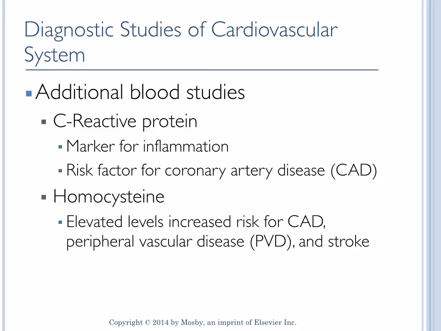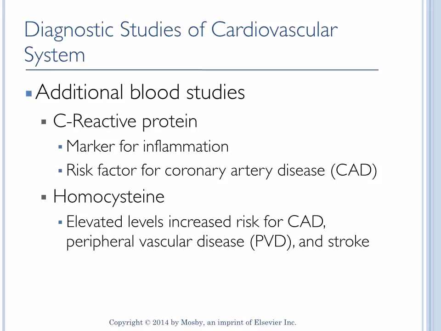Elevated homocysteine levels can be hereditary, from the genes, or acquired from dietary deficiencies of vitamin B6, B12, or folate. Elevated levels of homocysteine have also been linked to a high risk of CAD, and not only CAD, but also peripheral vascular disease and stroke.